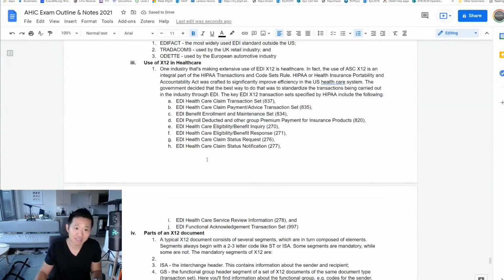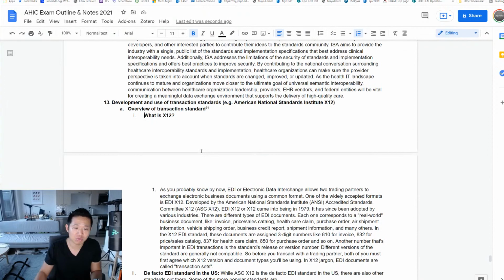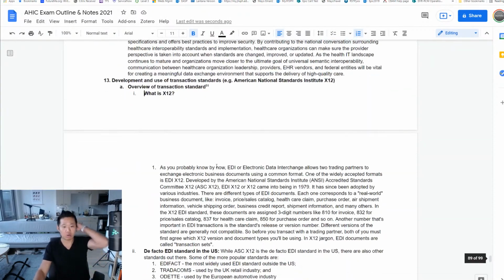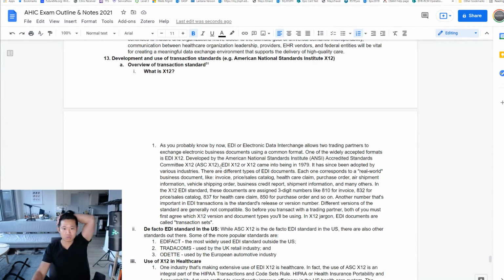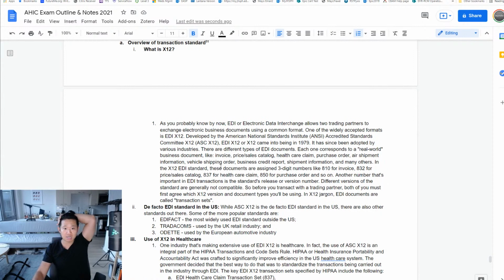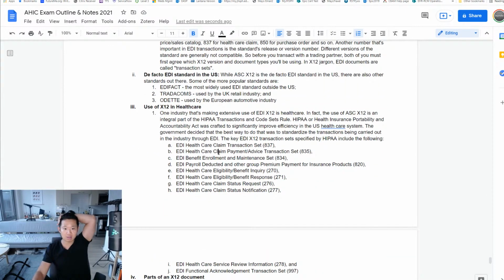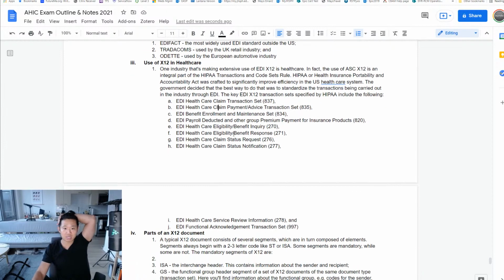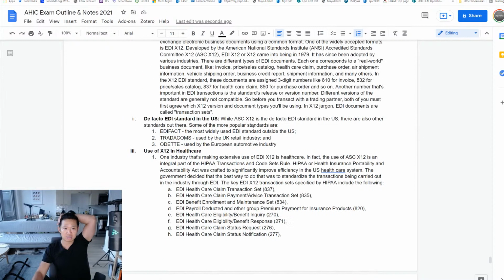Okay, I think that's it. I don't think you really need to know too much beyond that. Just having an understanding that X12 is a standard that allows for exchanging business documents, like good to know examples in healthcare. Claim transactions, benefit inquiries, and again, these are transaction sets.